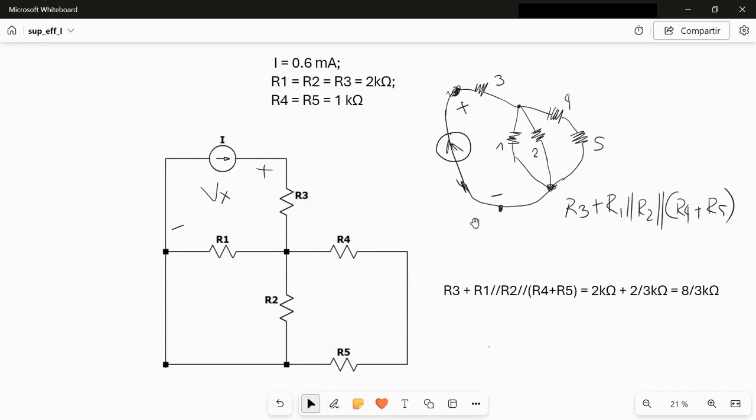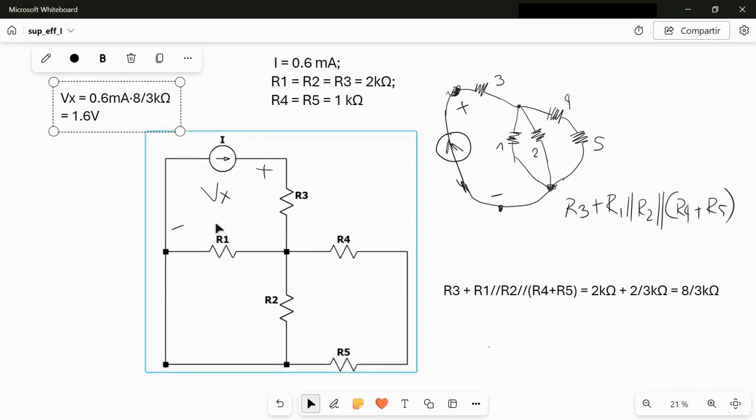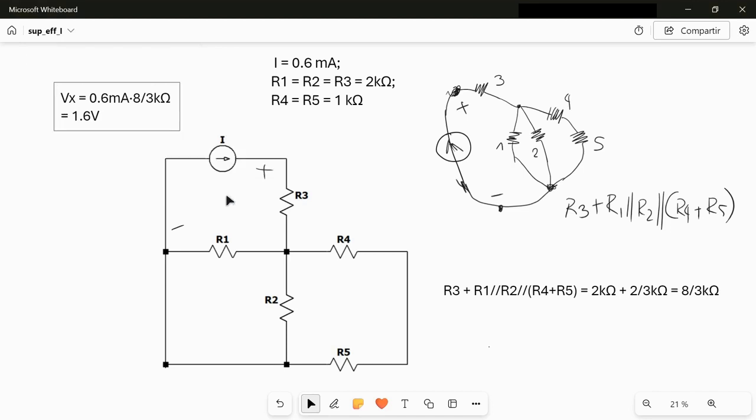And we can say that Vx is equal to 0.6 milliampere, the value of I, multiplied by the value of the equivalent resistance that we just found. So we know that Vx is 1.6 volts. I write down here 1.6 volt, this voltage difference.